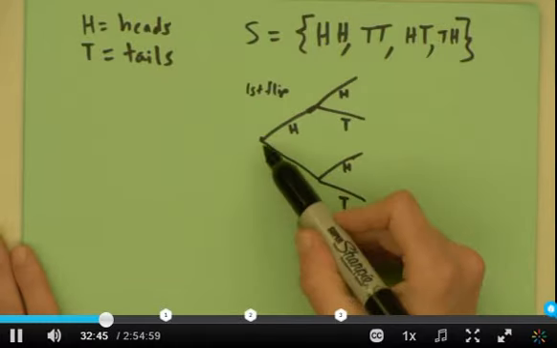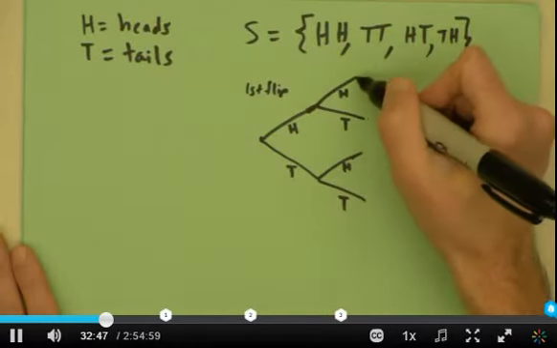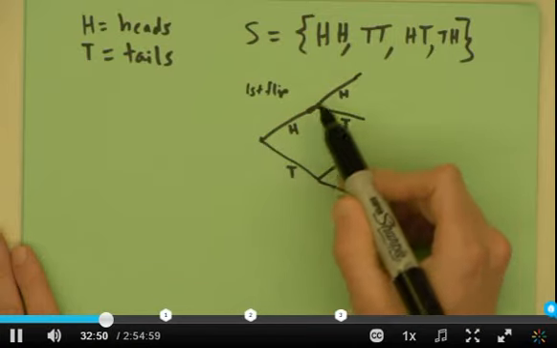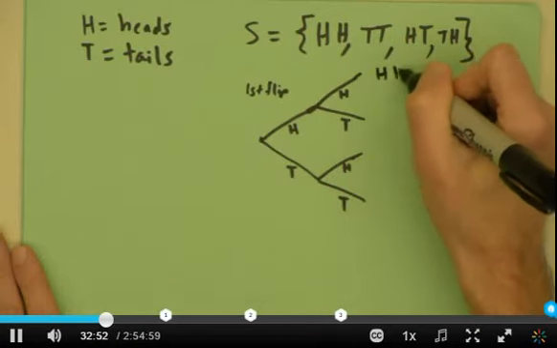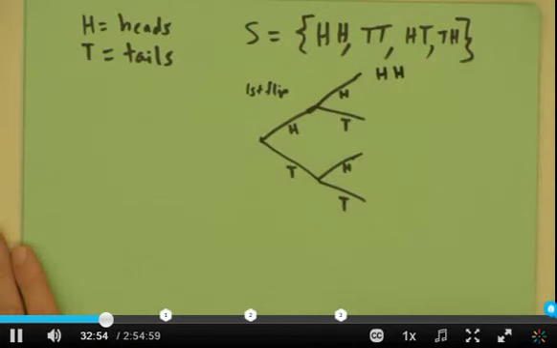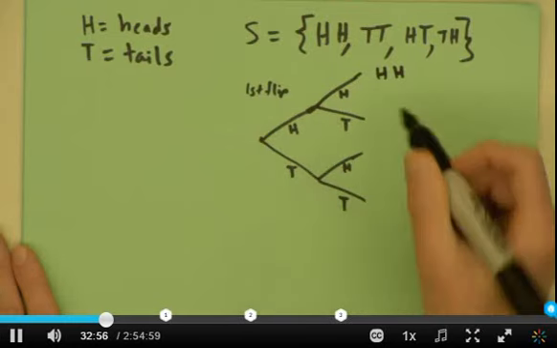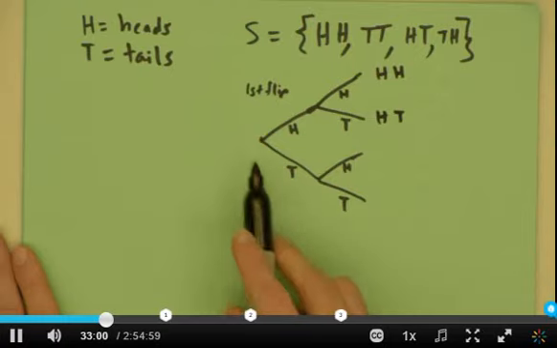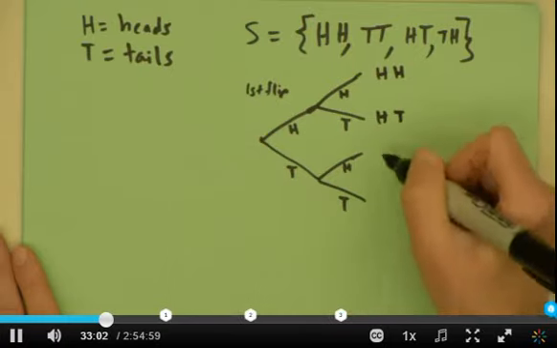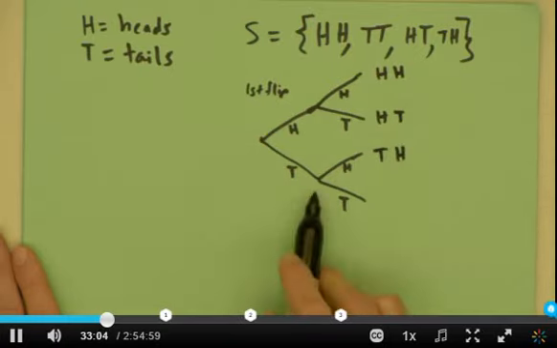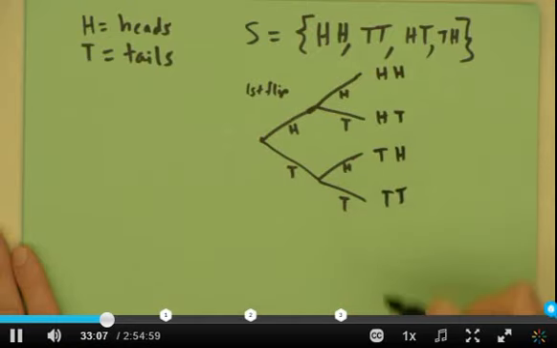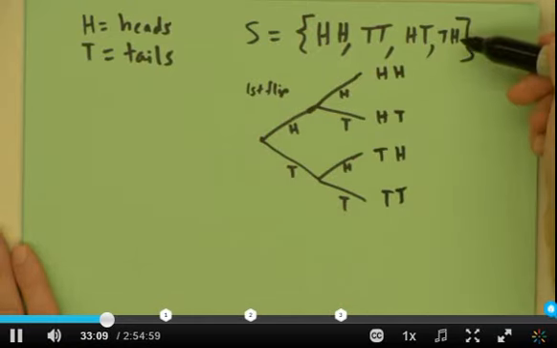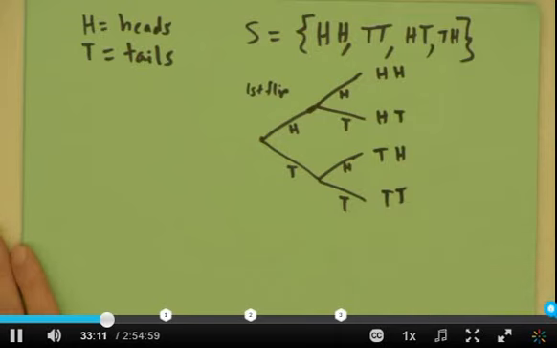So if I follow from the starting node here down to the leaf, I pass through H and H, so this is the outcome HH. Here I pass through H and then T. This is the outcome HT. And here I pass through T and H, and then T and T. So you can see that each of the 4 outcomes in my set is represented in the tree diagram.